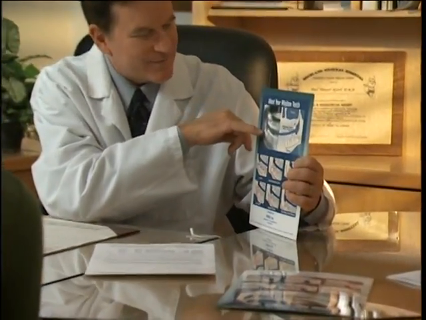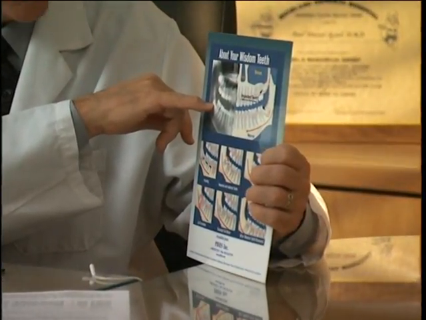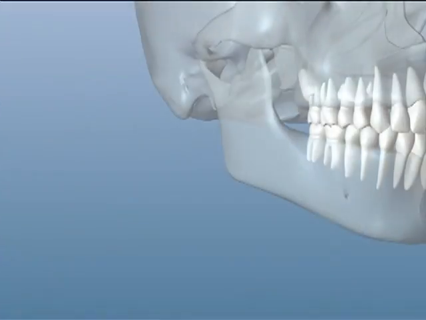For impacted third molars, there are basically only two forms of treatment: surgical removal or leaving the teeth in place and monitoring them. When consulting with patients, we review the possible complications of leaving the impacted wisdom teeth in place. These risks can include infection as well as recurrent pain and swelling.